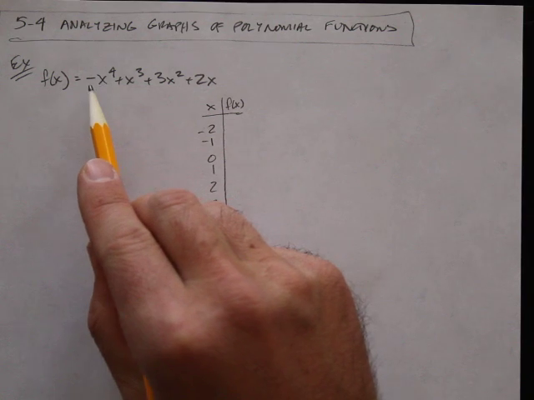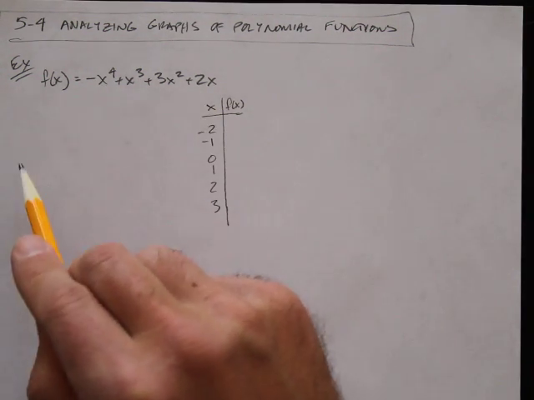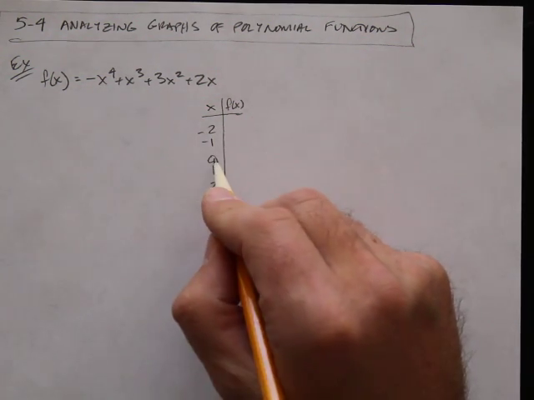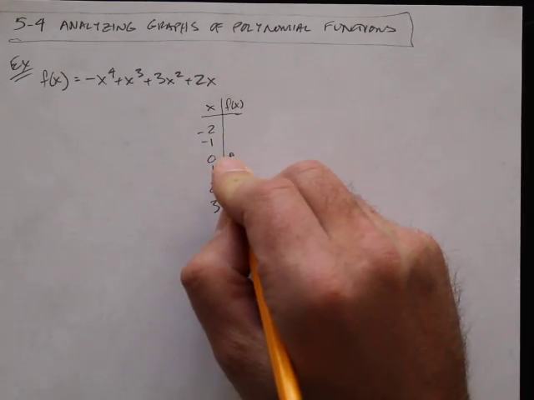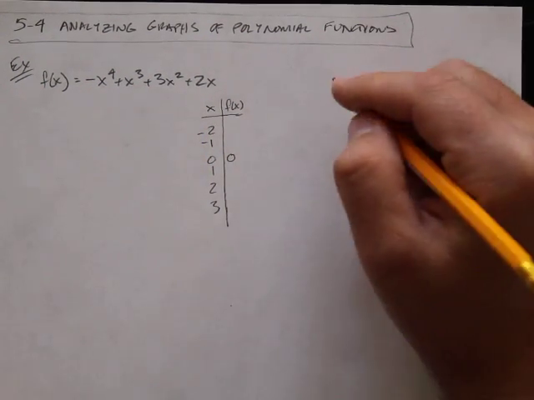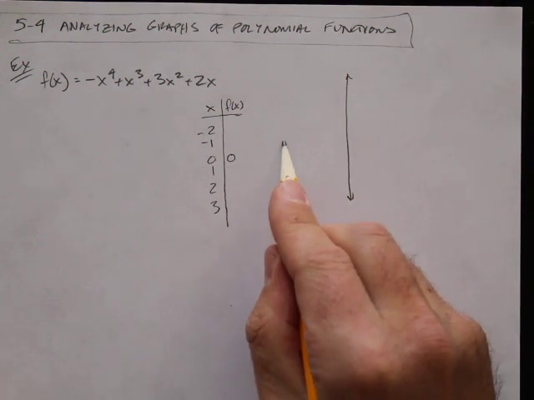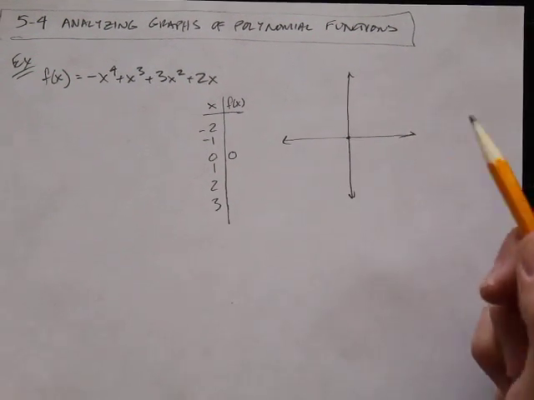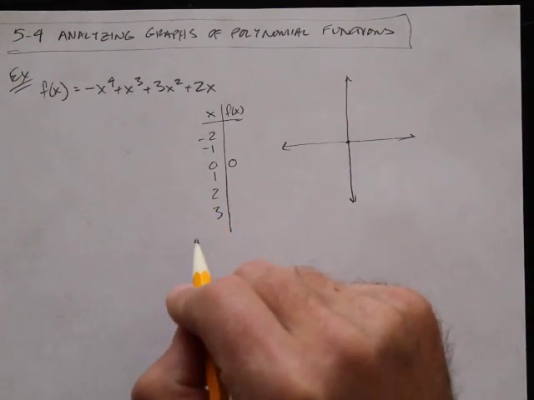We could plug them in here, or there's another way I'm going to show you that's a little bit faster. But before we do, let's just plug in 0. If I plug in 0 for x, I get 0 for y. Okay, that one's easy. I know I got 0, 0. Now, what's another easy one here?